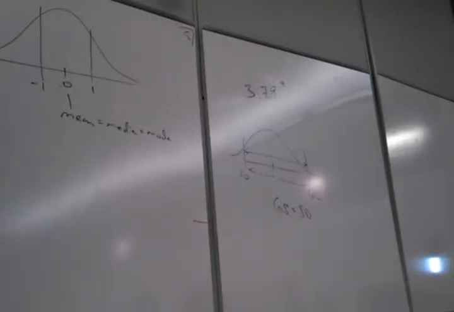If you did calculus on this, has anybody taken calculus? A few of you know what I'm talking about. If you found the area between -1 and 1 z-scores, one step up and one step down, it would come out to be 0.68 something, basically roughly 68%.